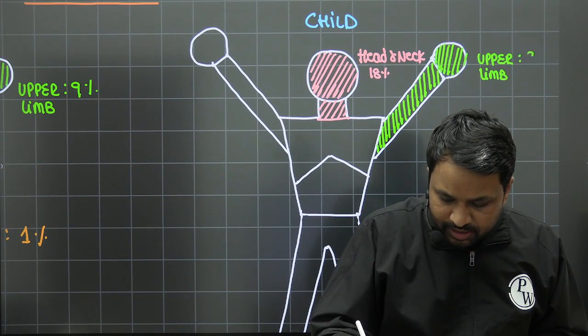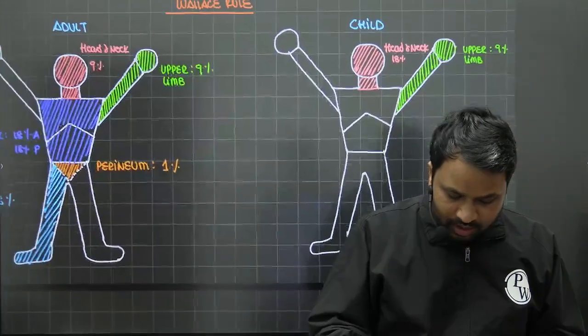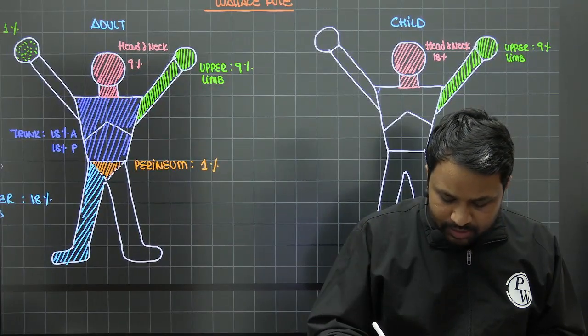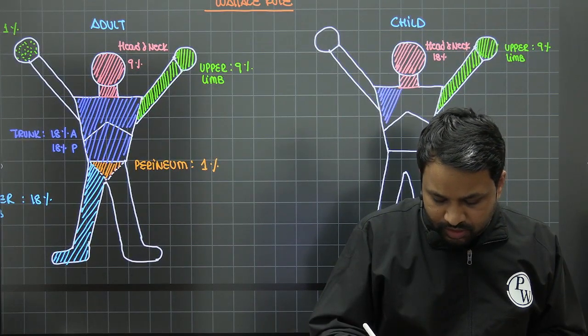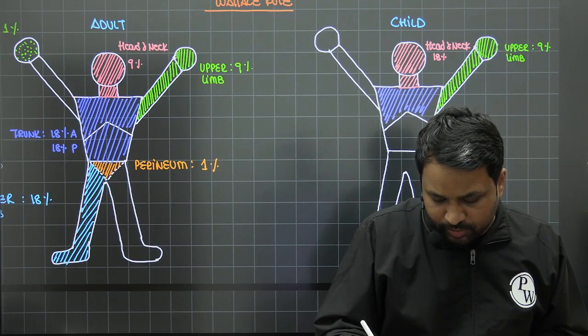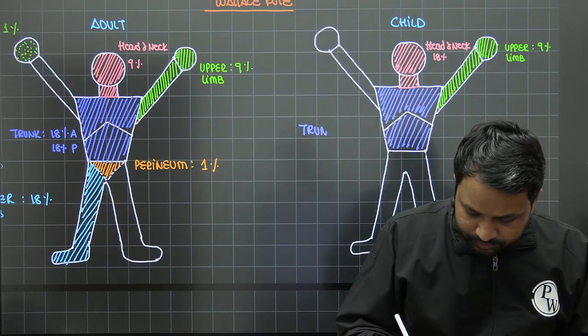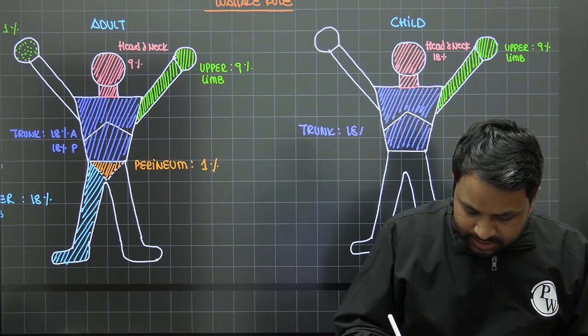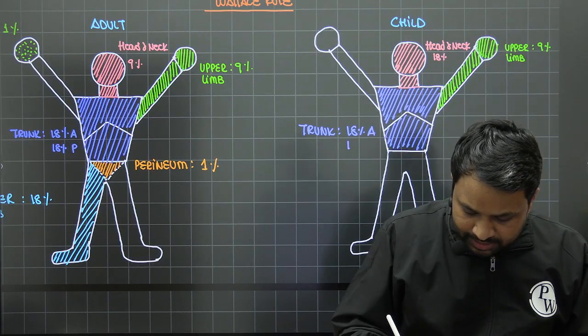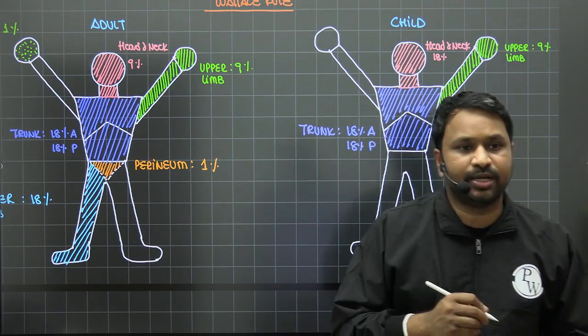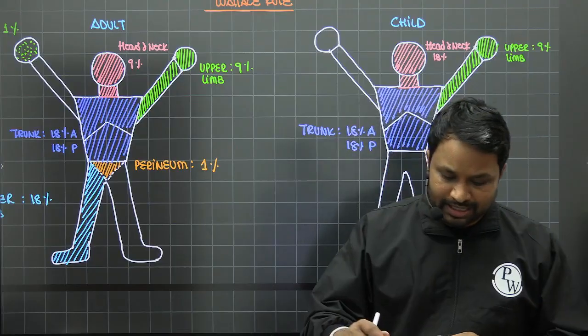The trunk remains the same, 18%, a combination of both chest and abdomen in both child and adult. So it is 18% anterior as well as 18% posterior.